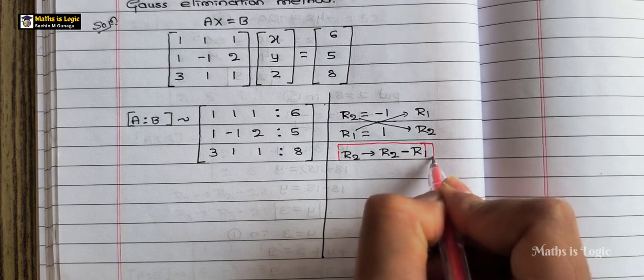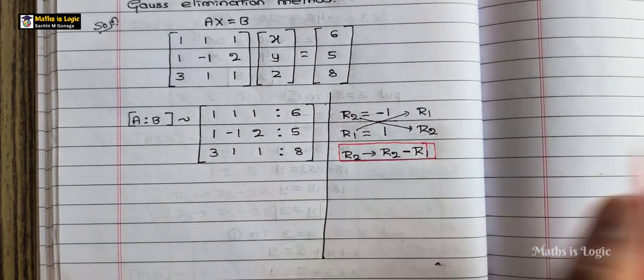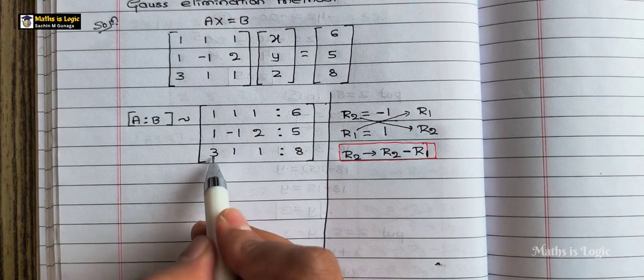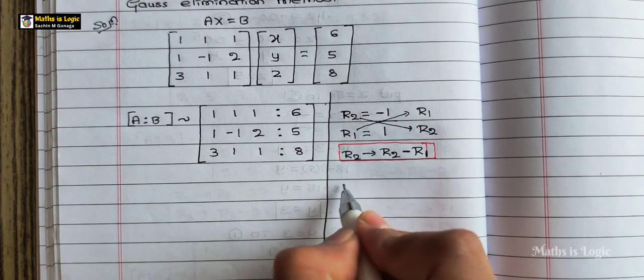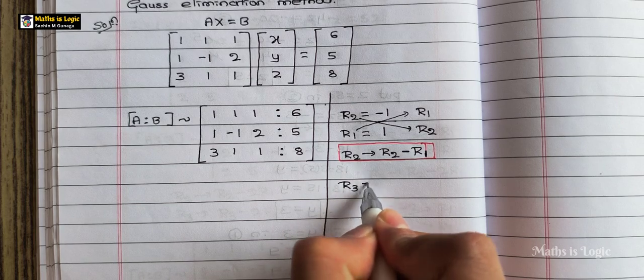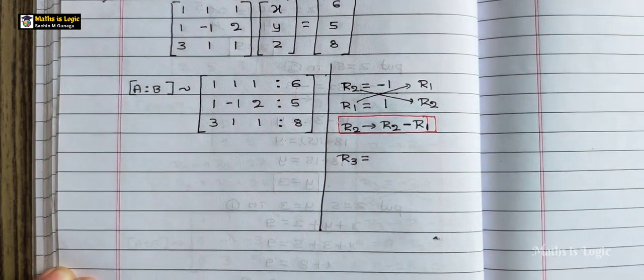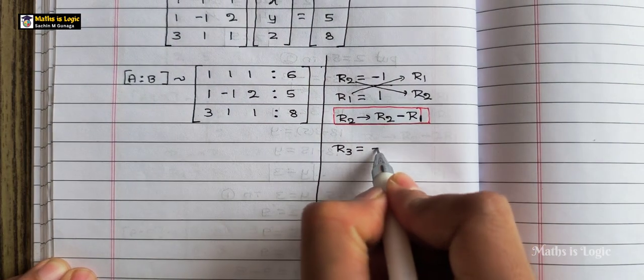So this is R1. Next R3. Therefore for R3, what I said, take the opposite sign of that. Plus 3 is there, so write minus 3.